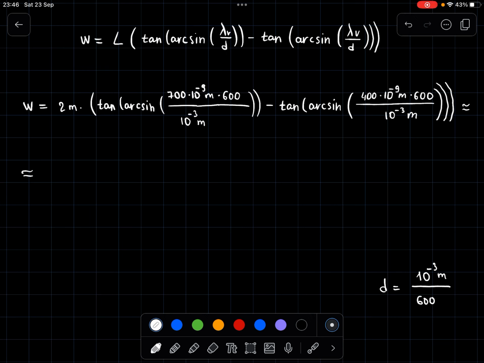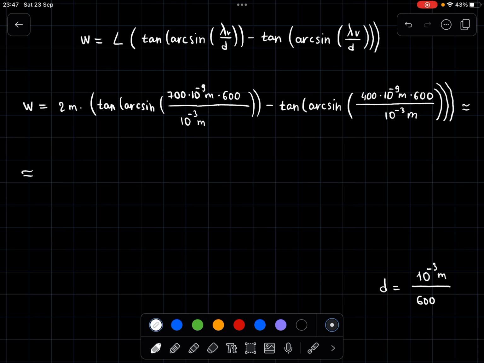So 2 multiplied by tangent of arc sine of lambda, it's equal to 700 multiplied by 10 to the power of minus 9 multiplied by 600 divided by 10 to the power of minus 3, and I should close brackets, minus tangent of arc sine of 400 multiplied by 10 to the power of minus 9 multiplied by 600 divided by 10 to the power of minus 3.